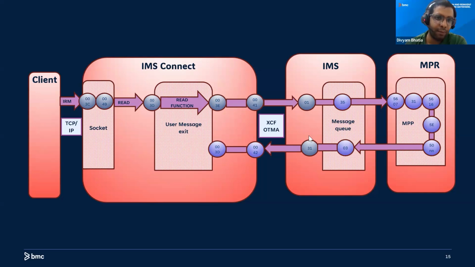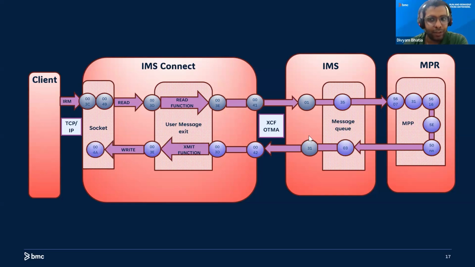Now, when we are sending this back to the client, we want it to be in a client readable format. Hence the user message exit will invoke the XMIT function that you see in this arrow. Once that's done, the message will turn into a client readable format, and it would be represented by the event ID 3E, that is user message exit returned.